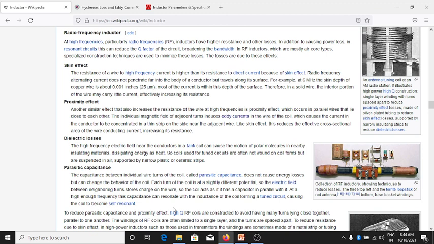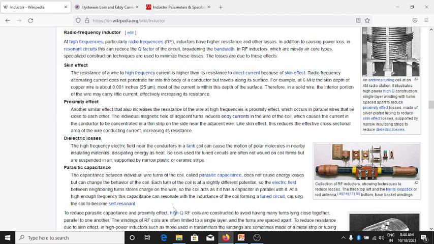Each turn of the coil is at a slightly different potential. So the electric field between neighboring turns stores charge on the wire. So the coil acts as if it has a capacitor in parallel with it.